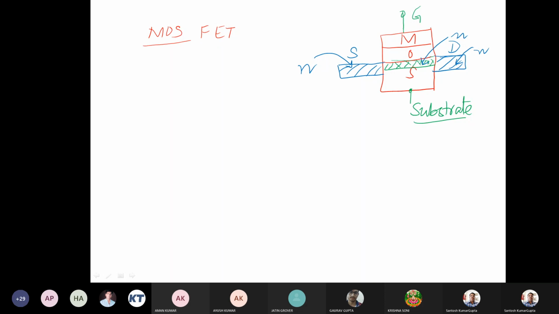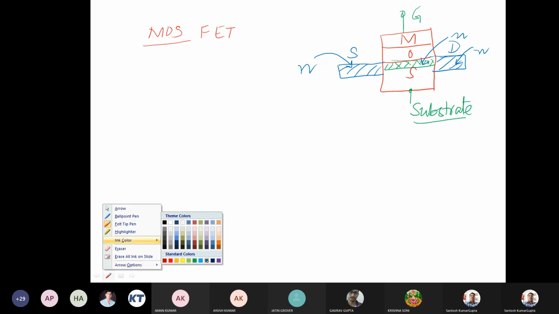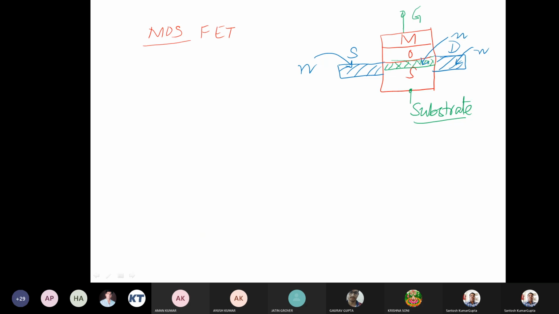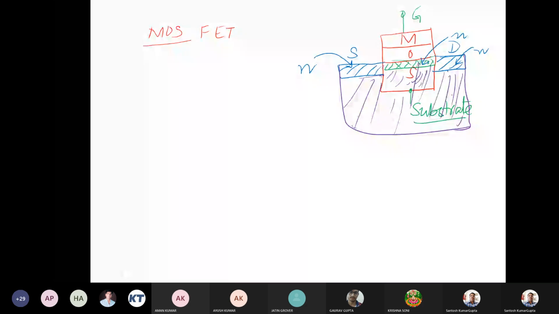This is not hanging like this; everything is put on a substrate. The substrate is mostly made of P type, and it extends all over this region.